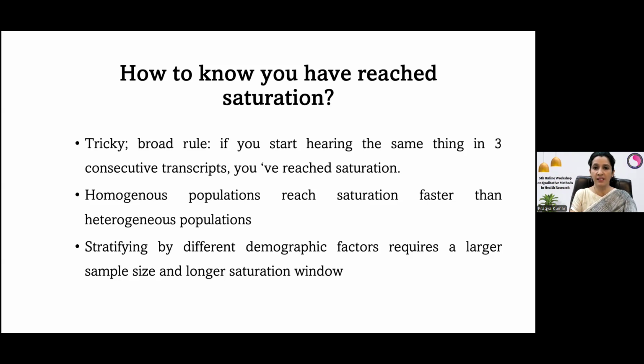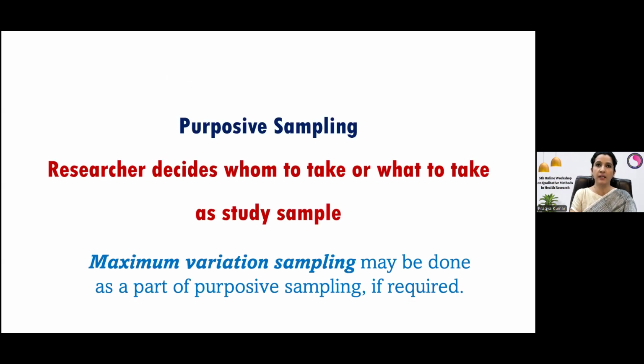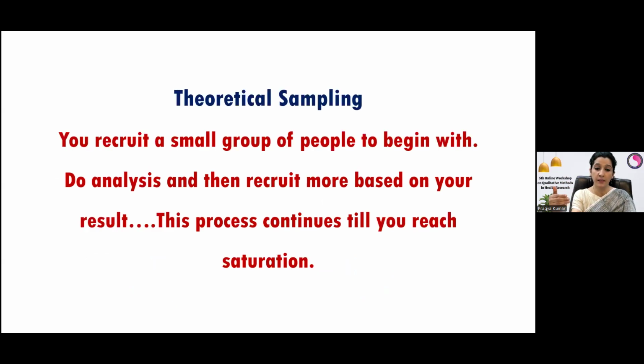So the sampling you do should be purposive, and the researcher should decide whom to take as the study sample. Maximum variation or diverse sampling should be done to get more views, because it's about multiple perspectives. If you take the same kind of people, you will not have those multiple perspectives or multiple realities. To come up with multiple realities, you need to take that many different people.